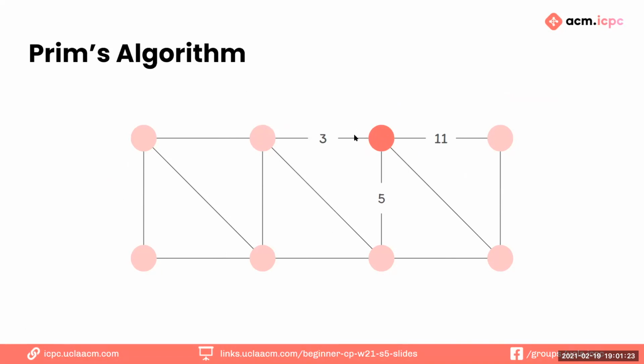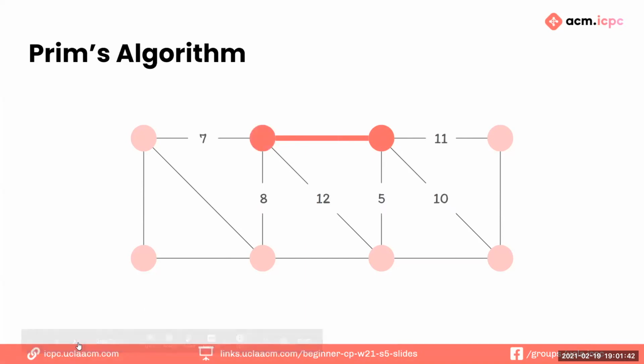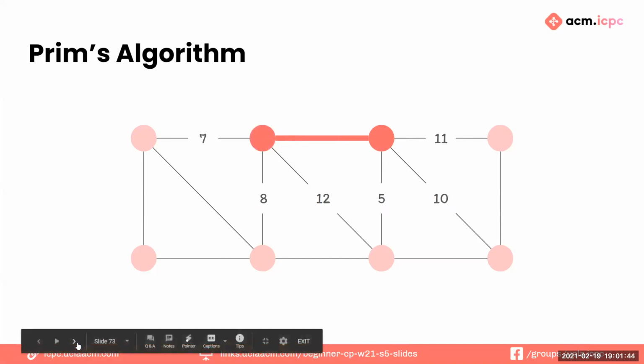It would just be these three, the ones that are labeled with numbers. Prim's algorithm says we take the minimum weight edge. That would be 3. And 3 leads into this vertex, and now this vertex becomes part of our tree. And then we keep going.